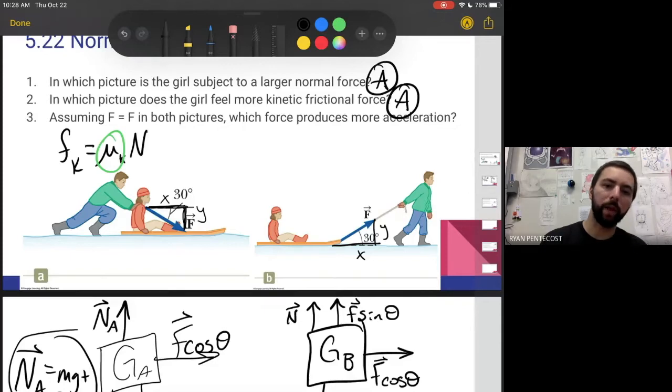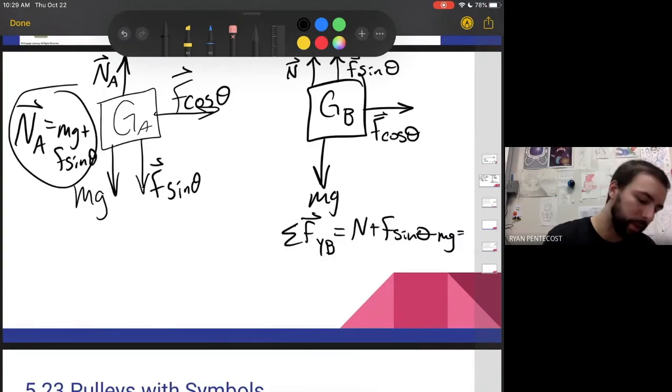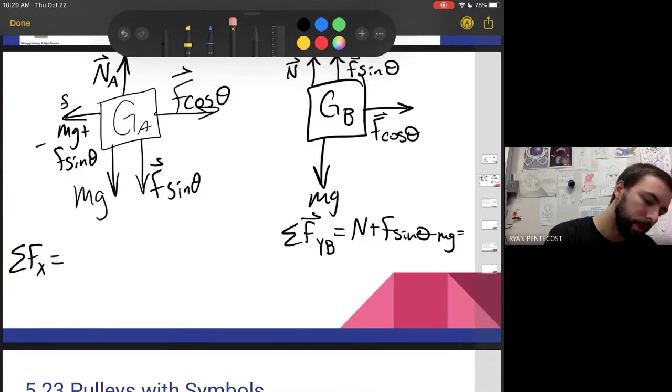Now, assuming F equals F in both pictures, saying that the force is the same throughout, which force produces more acceleration? So we'll do summation of forces in the x direction to find that acceleration. So we now have a frictional force in the x direction.